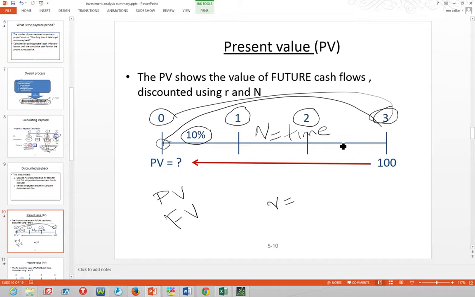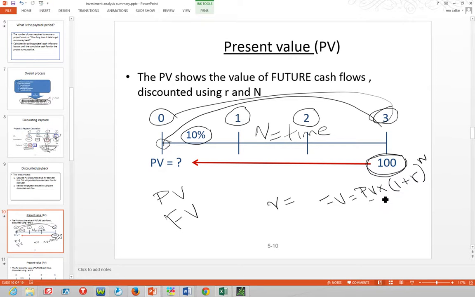Now, the inverse of that is if we have money that we are expecting in the future, and we want a 10% return for the project, the question is how much will this be worth in the present? So the formula, as we saw in the book, is that to know a future value, I take my present value and multiply it by 1 plus R, which is the rate, raised to the number of years it is out.